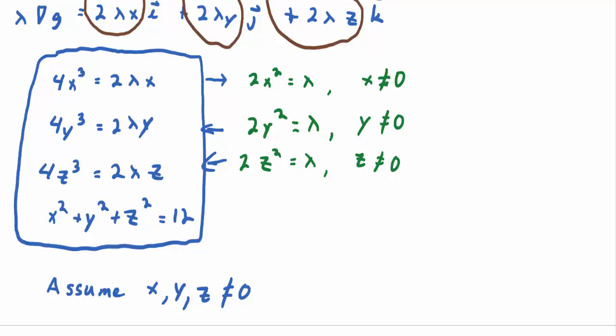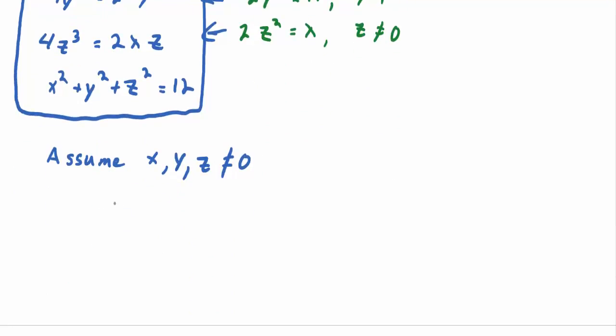So this is really nice because if you look at the three equations, it's all in terms of x squared, y squared, and z squared, right? So what do we get from these equations? How do you want to do it? You want to get everything in terms of x squared? Yeah, okay.